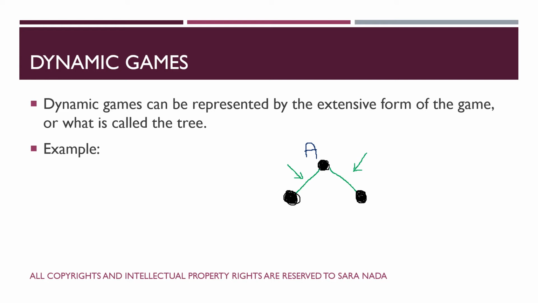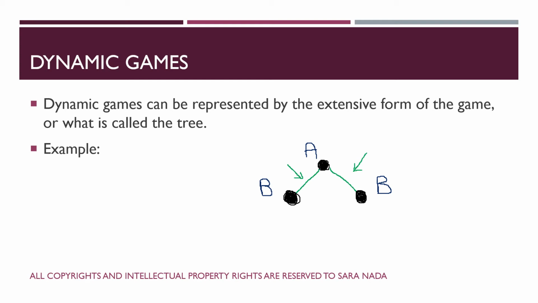And at these nodes we should indicate which player will take his action. So I will write here B, and I will write here B. This means that at this stage, player B will choose his action after observing the action chosen by player A.